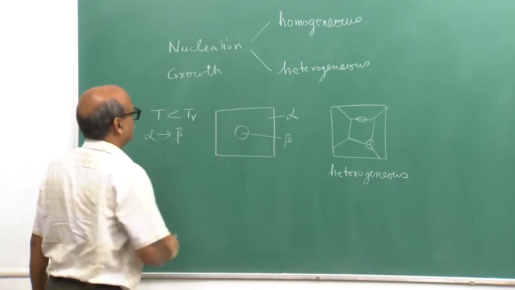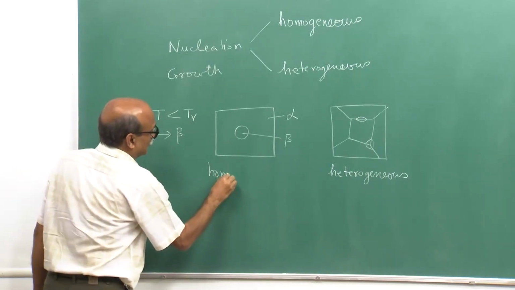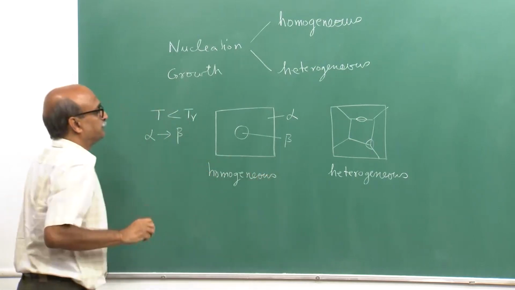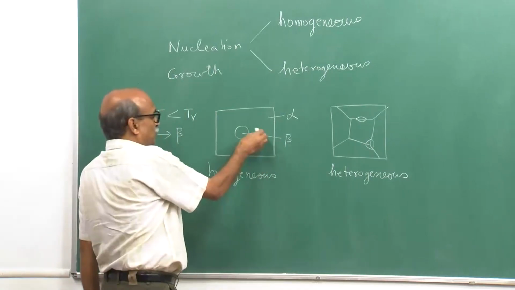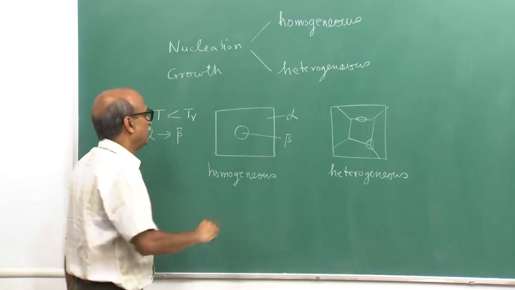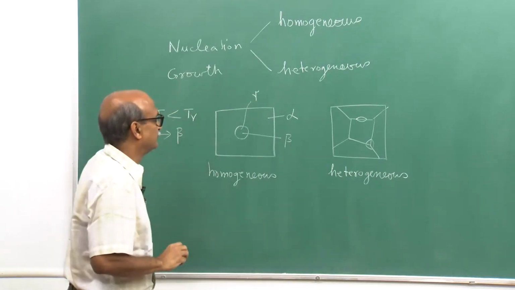and in this route of nucleation, this is known as homogeneous nucleation. So, we will assume that in the homogeneous case, there is a spherical nucleus of a certain size given by its radius.